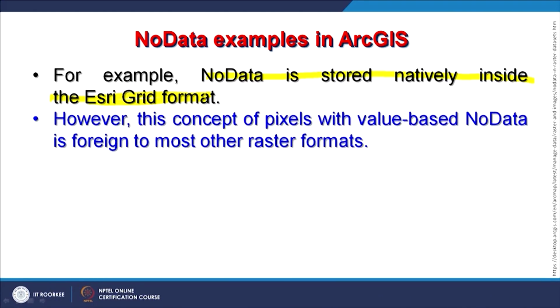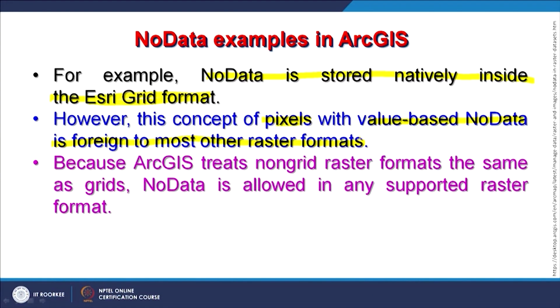The concept of pixels in satellite images or cell values in a digital elevation model, with values based on no data, is foreign, meaning it is unknown, for other raster formats. So, if software is not well designed to handle no data, then you would have real difficulties. Initially we used to have these problems, but now good software has implemented the concept of no data.